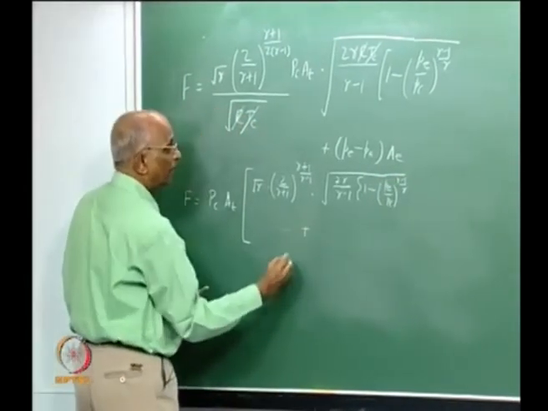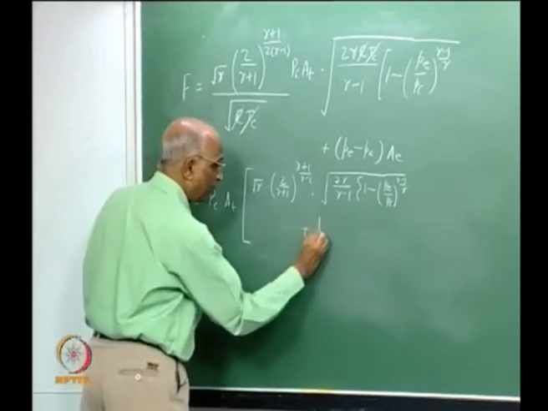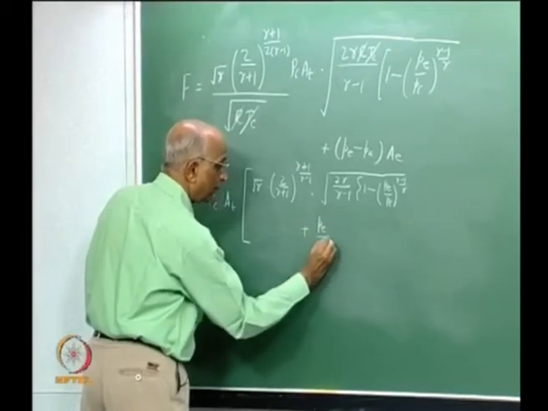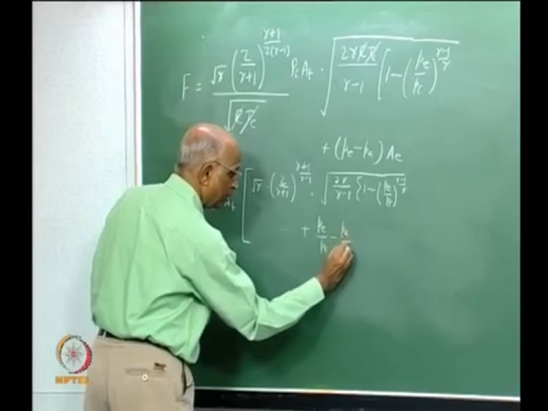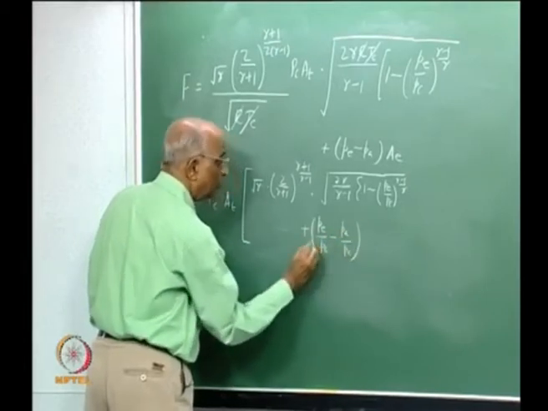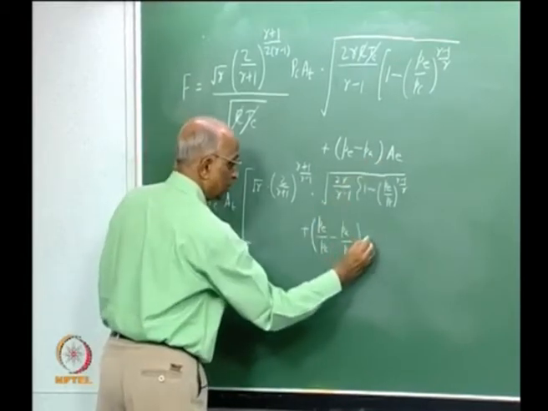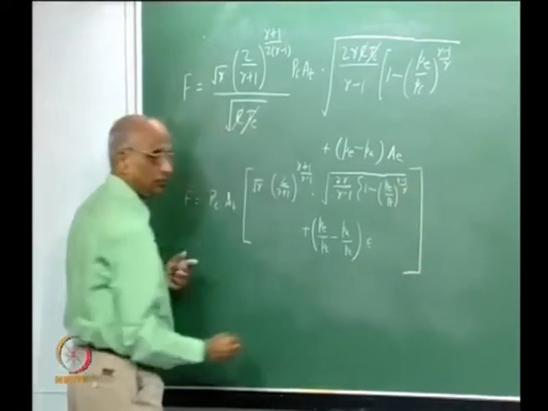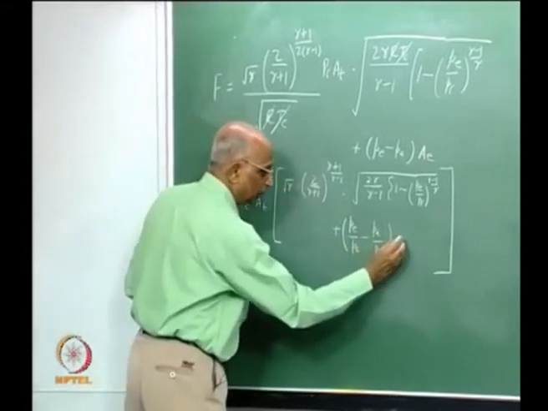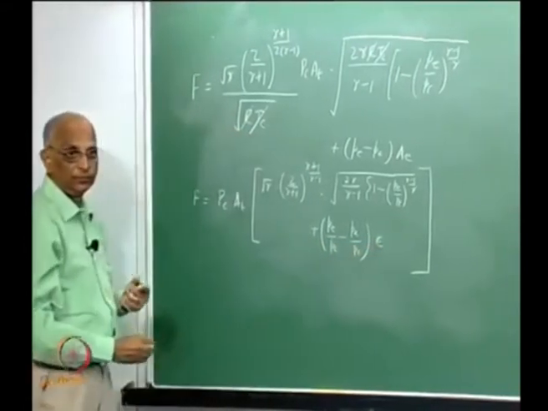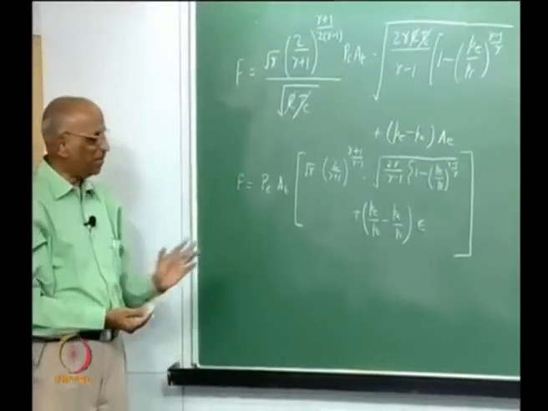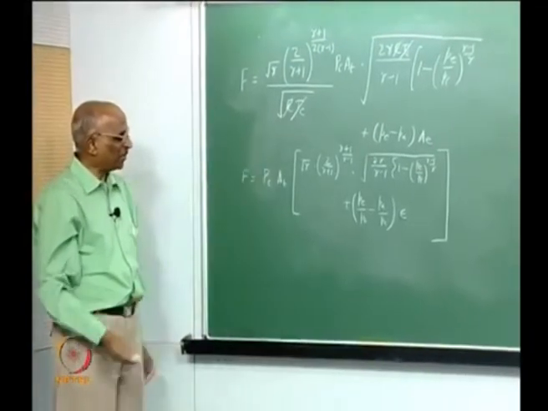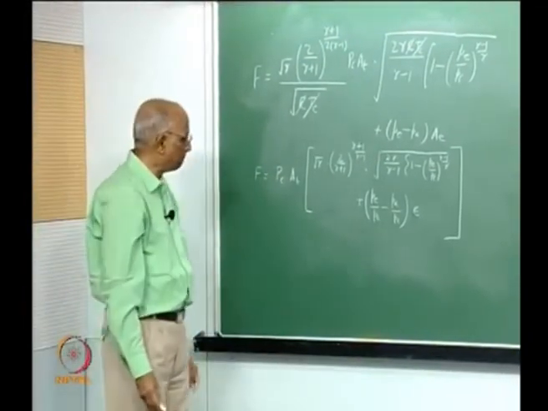plus now I divide it, I have PE by PC minus PA by PC into AE by AT, which is epsilon, the area ratio AE by AT. Let us try to follow it, because we must understand each term properly.